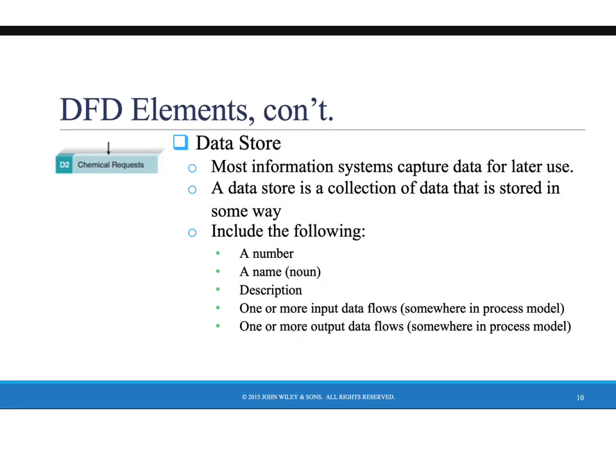What is a data store? A data store just represents a database, the store that stores different things that information is being captured about. We know that most information systems capture data for later use. So a data store is simply a collection of data that is stored in some way.